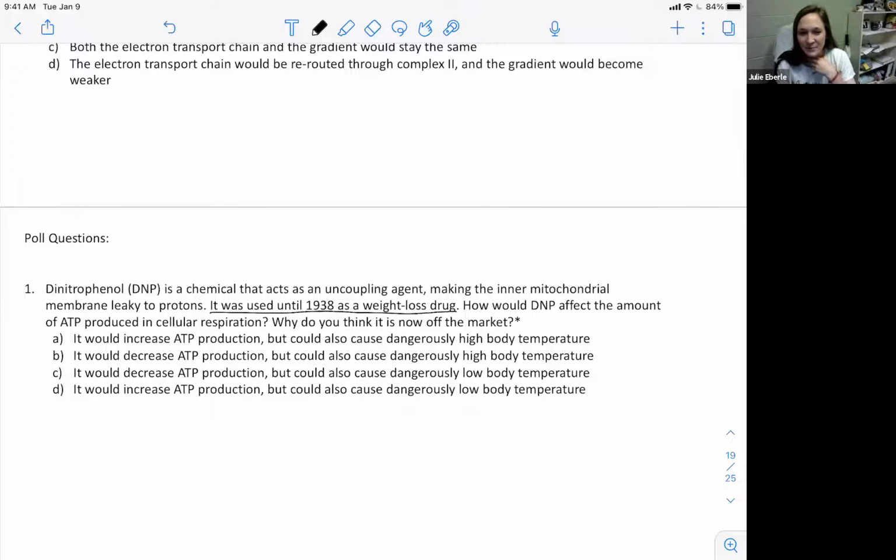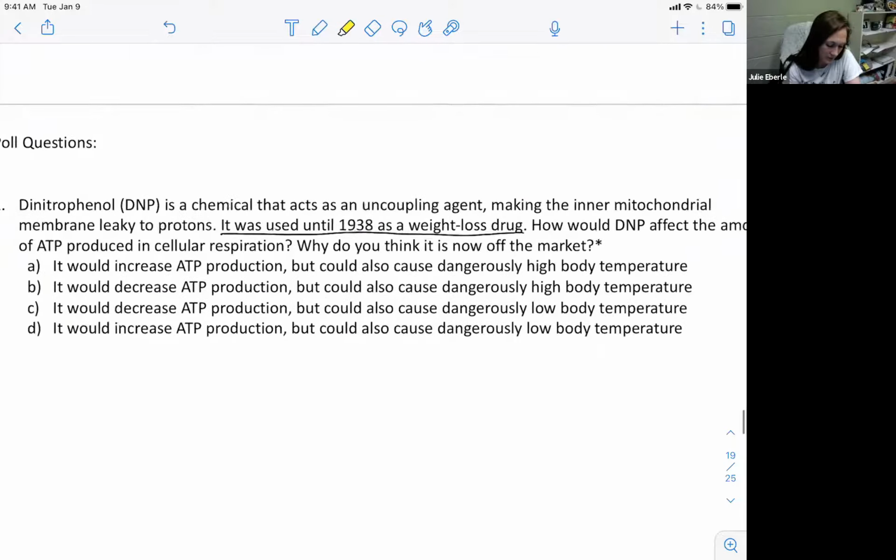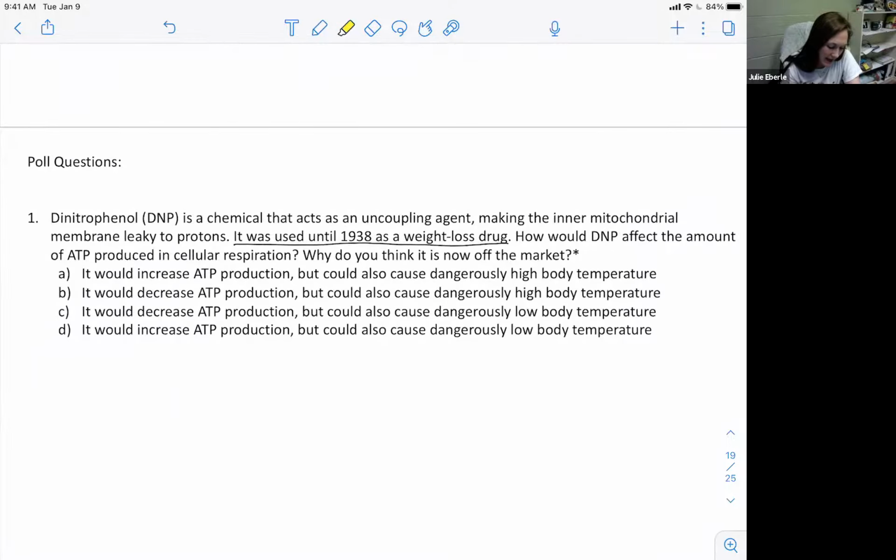Okay, so Claire said she picked that it would decrease ATP production because the hydrogen ions have to move through ATP synthase to make ATP. This was her thought. So let's go look. I'm going to highlight a couple things on our problem, then we're going to look at the picture of the electron transfer chain. It's saying that this DNP drug is an uncoupling agent and it makes the inner mitochondrial membrane leaky to protons.